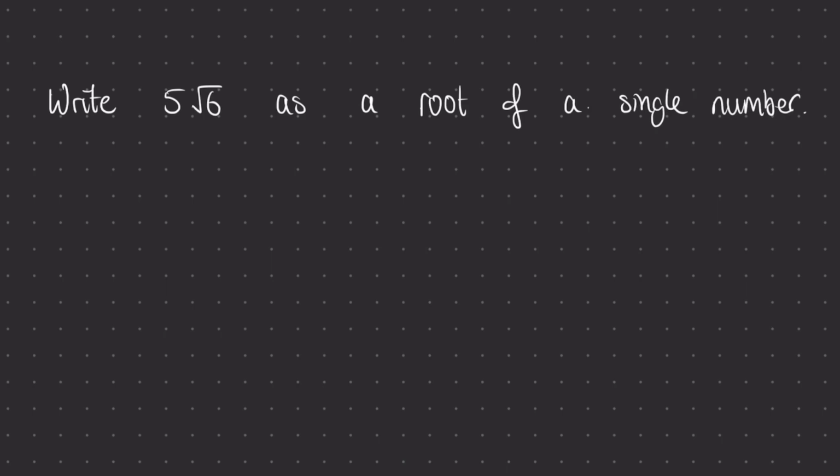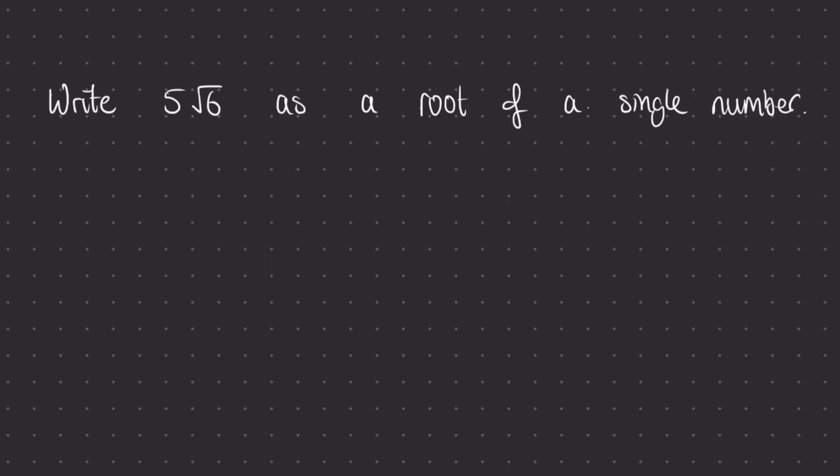Let's take a look at this example here. We're asked to turn this 5 root 6 into the square root of a single number, so the form that our answer should take is a square root with a number inside, just like this. No other terms at all. So what we're going to have to do is work backwards through our method and turn this 5 into a surd.